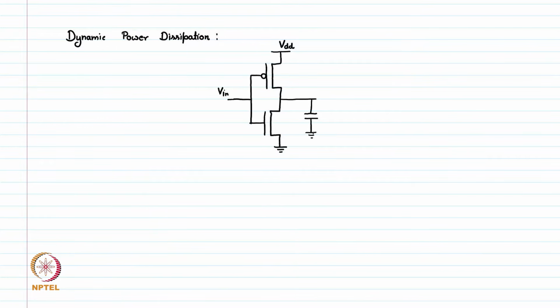We can model it as a capacitive load because this connection most of the time goes to the gate of another device, and the gate of a MOSFET does not draw any current, it only offers the capacitance, the gate capacitance. That's why we are modeling or mimicking that load as a capacitive load, CL. So this is our node V out.